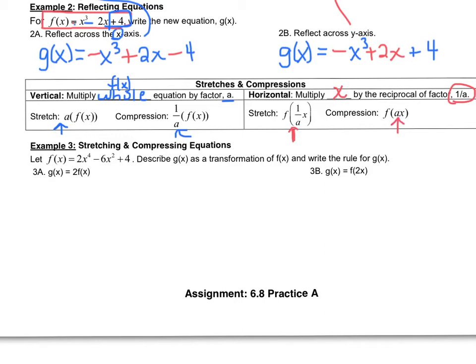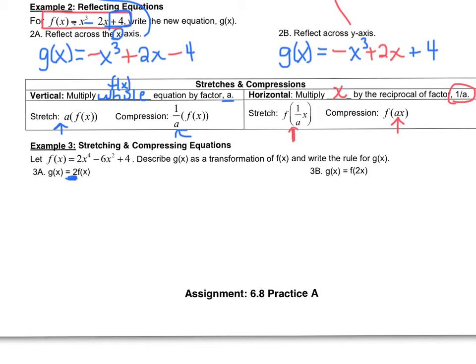So let's figure out what types of stretches or compressions these are. They gave us the rules, and then we'll write the new equation. So in 3a, they said it's 2 times f of x, and that matches up with the rule right above it with the vertical stretch or compression, because it's right out front.